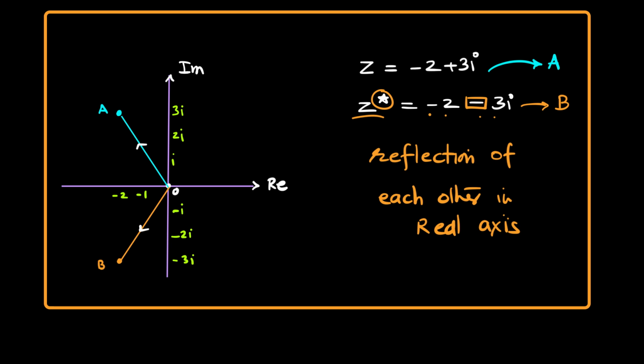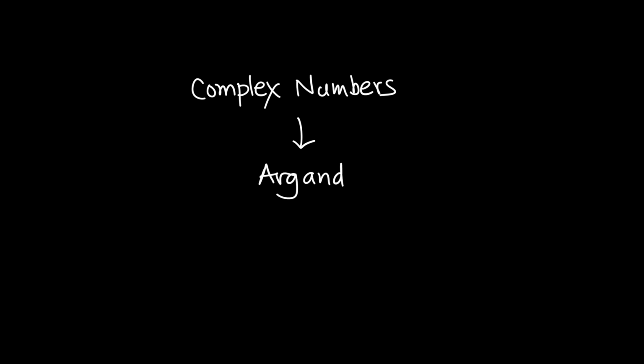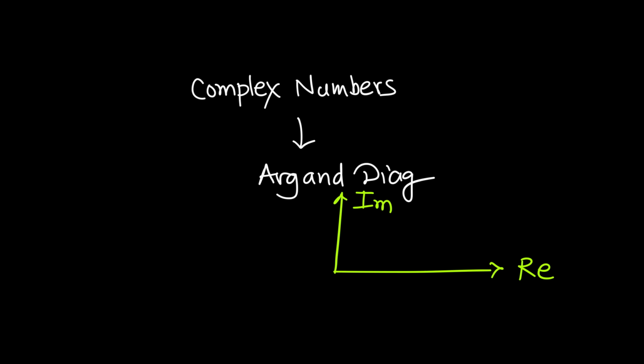So what have we learned in this video? We have learned that complex numbers are labeled on a diagram, on a grid, which is now known as the Argand diagram. And the x-axis is now labeled as the real axis, y-axis is now labeled as the imaginary axis.